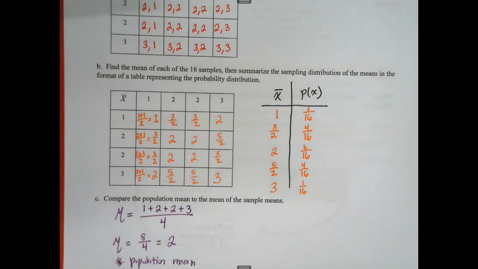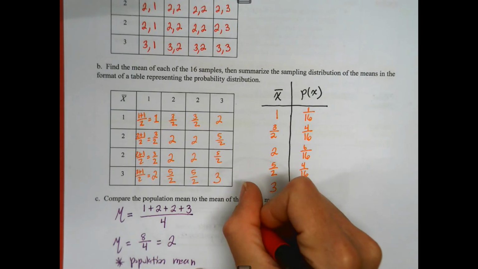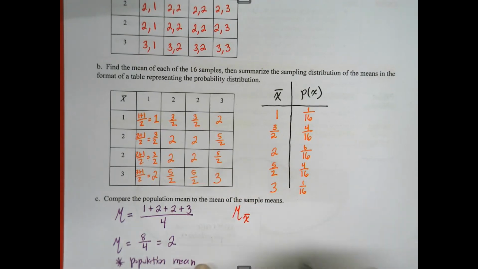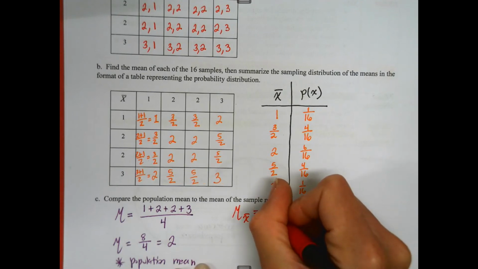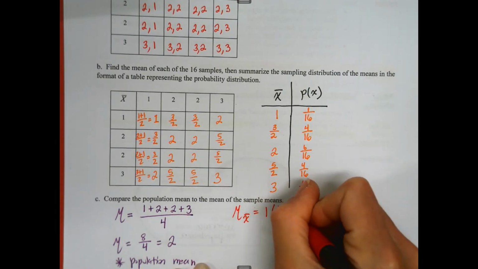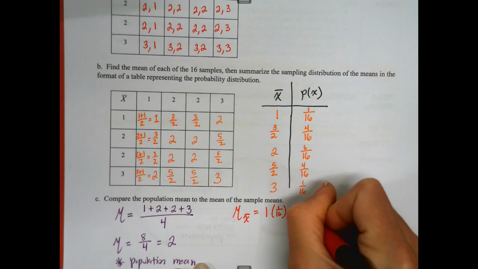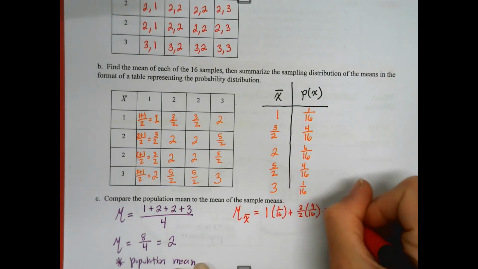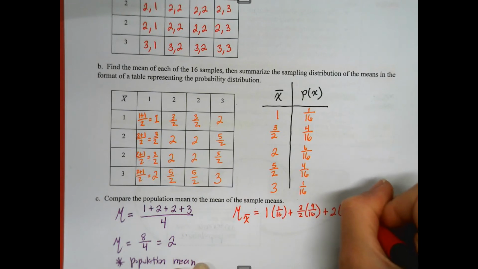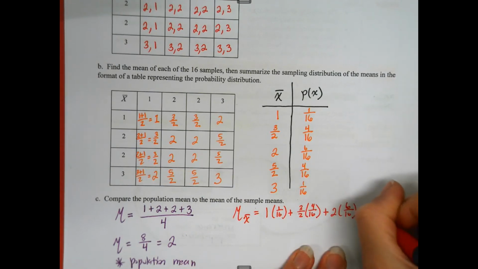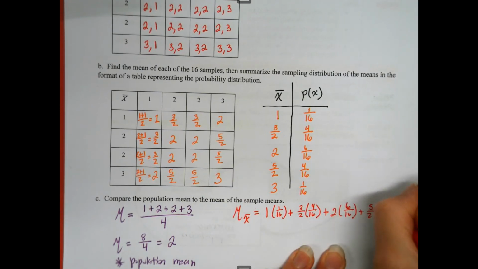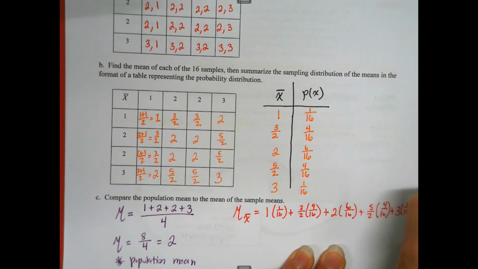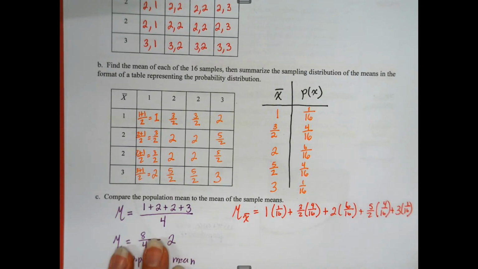And now we want to find the mean of all of our sample means. 1 times 1/16 plus 3/2 times 4/16 plus 2 times 6/16 plus 5/2 times 4/16 plus 3 times 1/16.